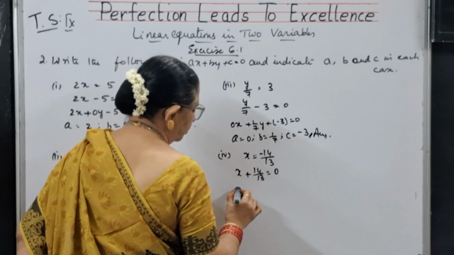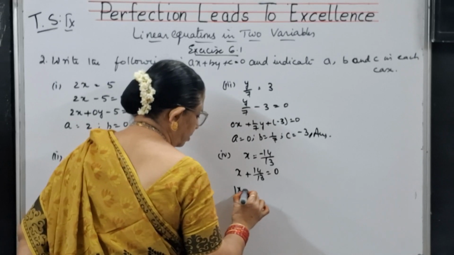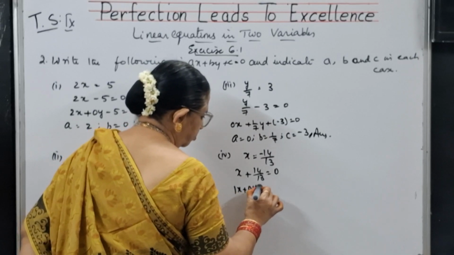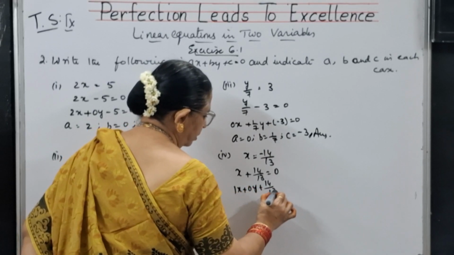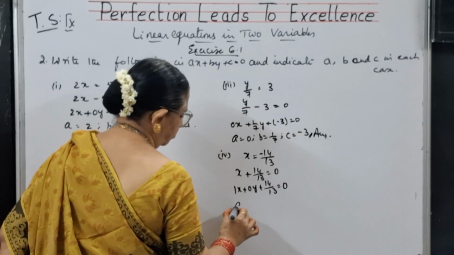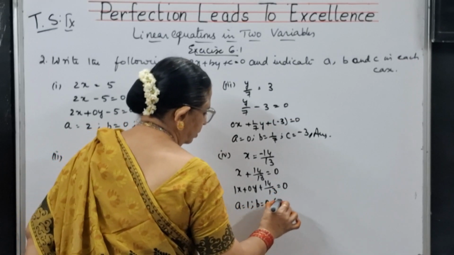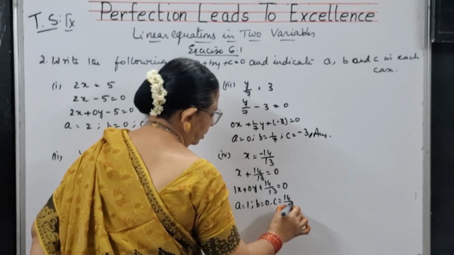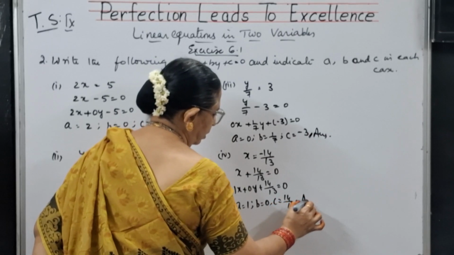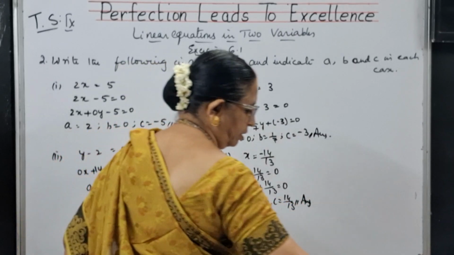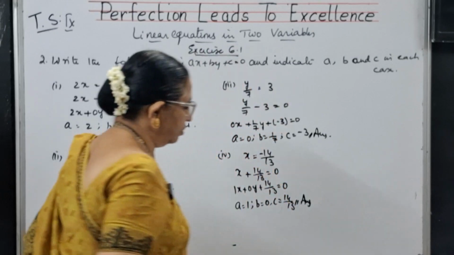There is no y. So we'll write 1x plus 0y plus 14 by 13 is equal to 0. That means a is equal to 1, b is equal to 0, c is equal to 14 by 13. These are the answers for the second problem. Please note down.